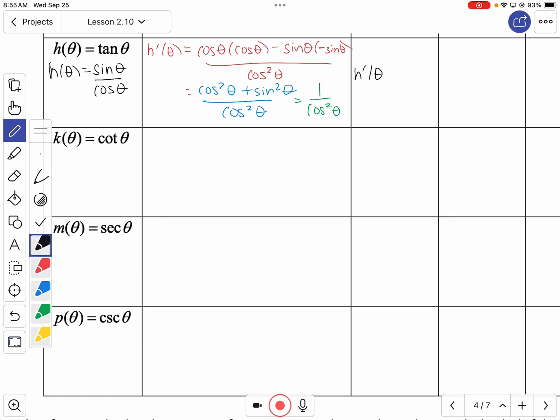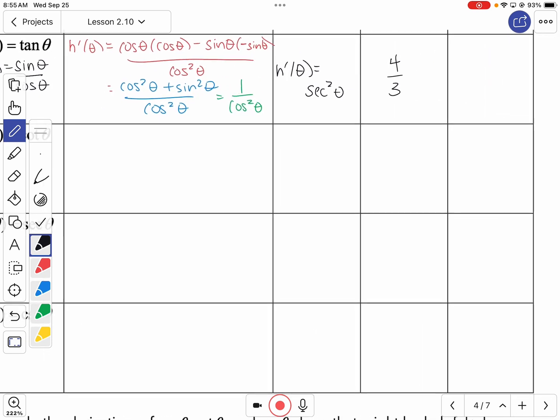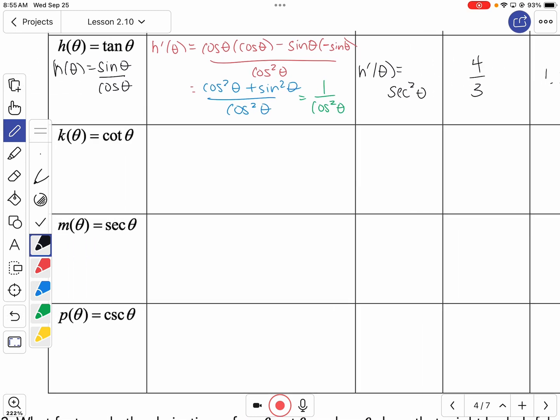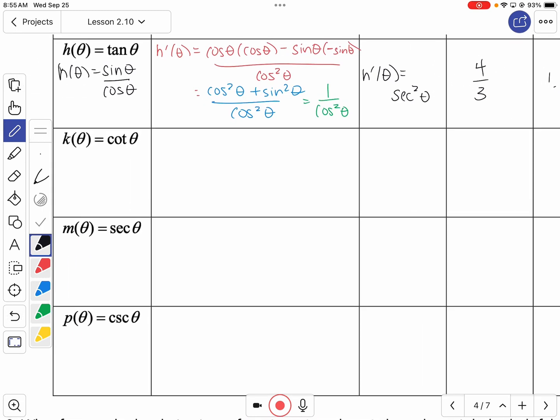So h prime at theta is secant squared. If we plug in pi over 6 and work through that, you should get 4/3 or 1 1/3, and then your decimal 1.333. So using trig identities is going to help you on those.